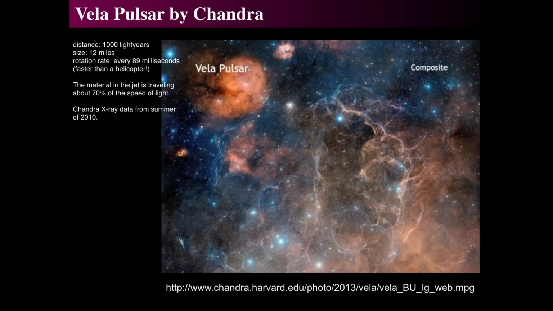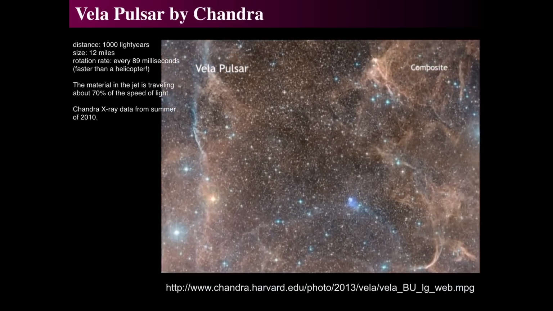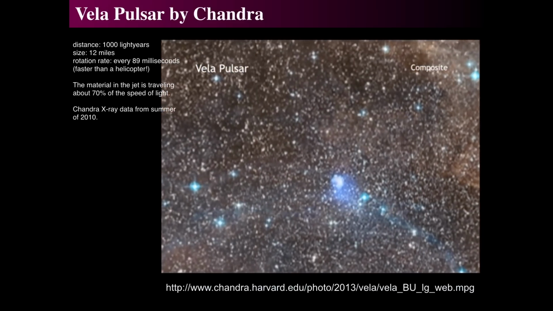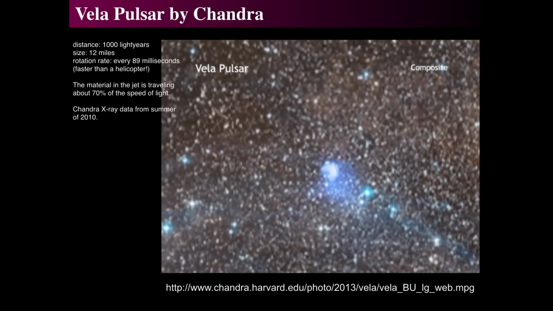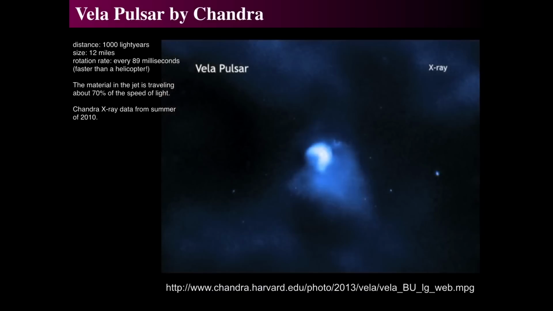And we're going to look at some Chandra X-ray data from the summer of 2011. As it zooms in on the center of the Vela Pulsar, we see the Chandra data in blue in the center, so it's going to get rid of the optical view that we see, just showing us the Vela Pulsar in X-ray light.